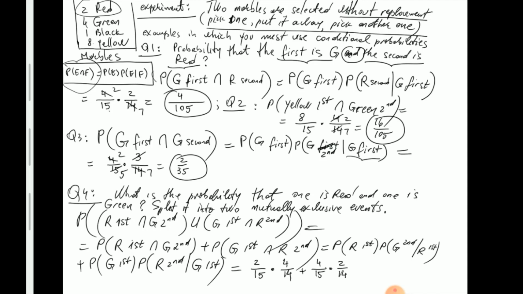Once again, we can simplify this a little bit by 2. So we're going to have 4 plus 4, which is 8, divided by 105. And that's the probability for question 4.